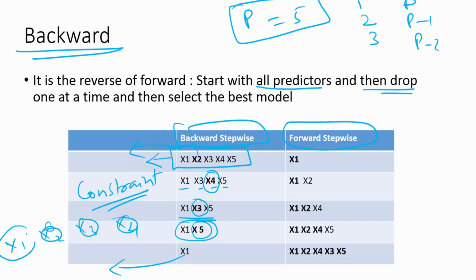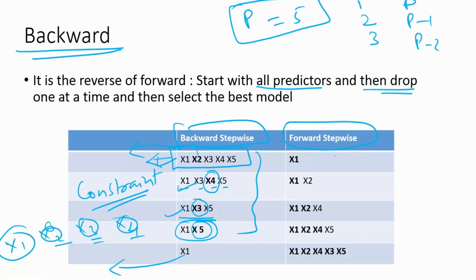You only have x1 because these variables have been dropped previously, right? So x2 has been dropped in the first step, x4 in the second, x3 in the third. So you cannot have 4 models or 5 models. You can only have x1 because x1 is the one that was never dropped in the previous steps. So in the final model, you can only have one choice.